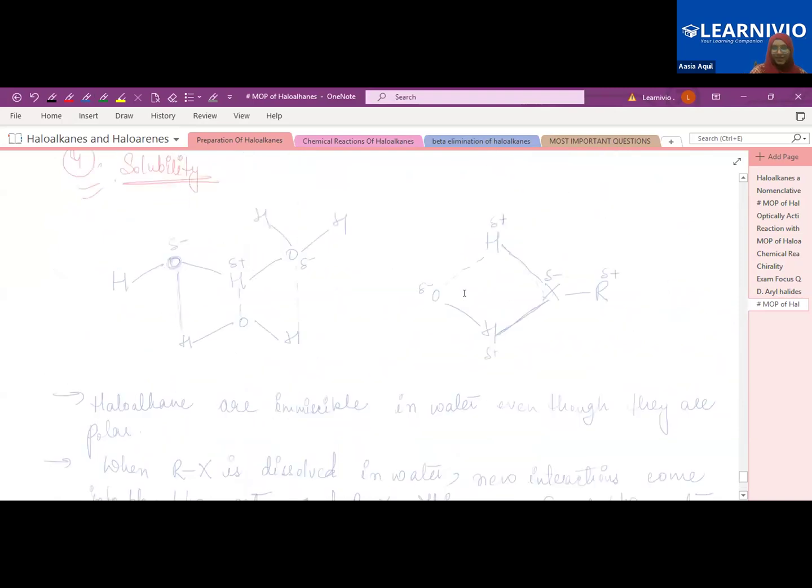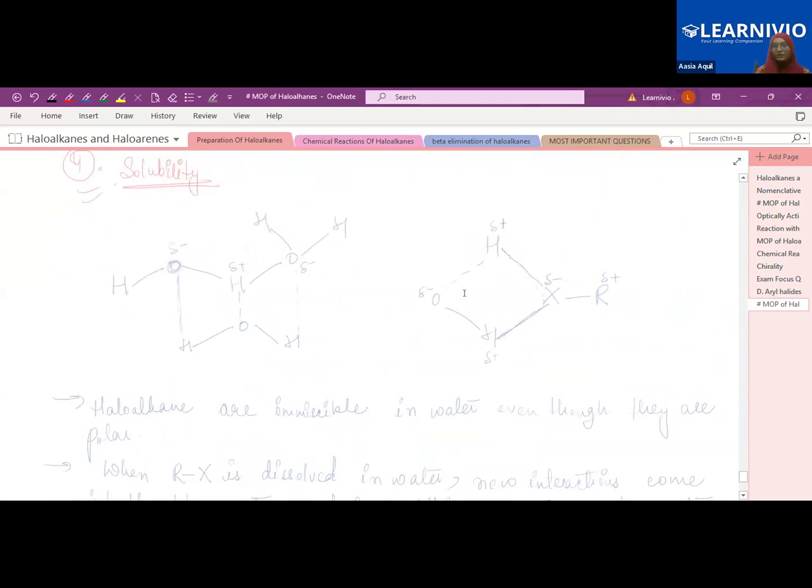So let's see. First understand what is hydrogen bonding. Hydrogen bonding is basically the bonding which occurs, suppose this is a water molecule. In water molecules, hydrogen bonding is already present. So what happens in hydrogen bonding? See, this is your water.